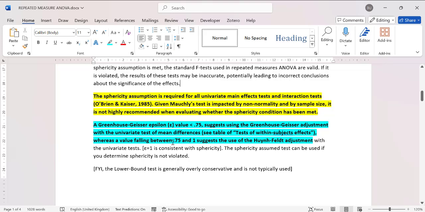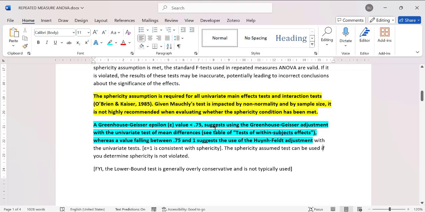But if the value is between 0.75 and 1, then you're going to use the Huynh-Feldt adjustment. Now I want to stress at this point that all these adjustments are necessary when you are looking at the univariate test.